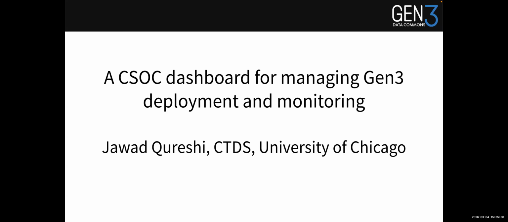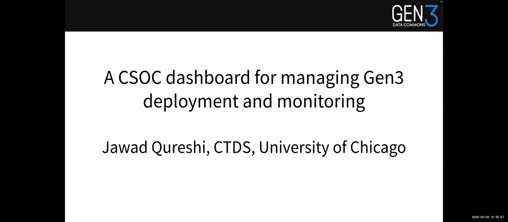So for us at CTDS, we've always deployed into AWS using EKS, and we have Terraforms to do that. A few years ago, we split them out from a monorepo into separate repositories, and that's also when we did the move to Helm, which enabled other people to deploy Gen3 onto their own infrastructure.